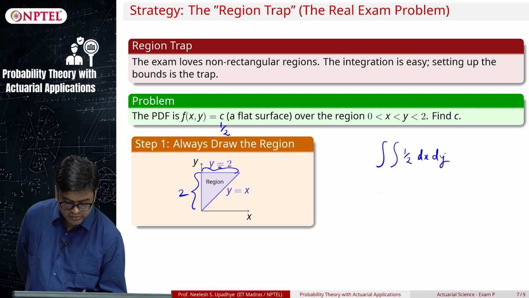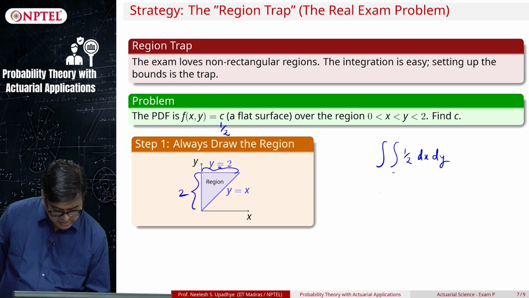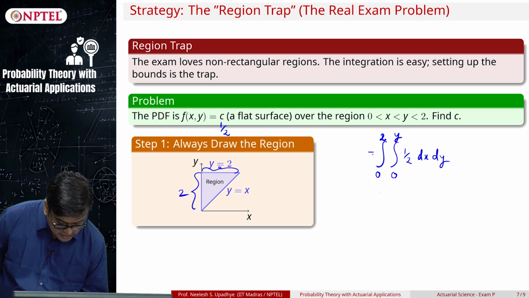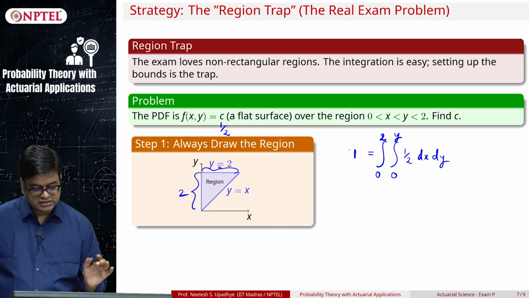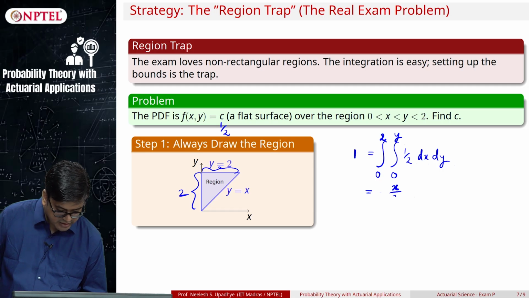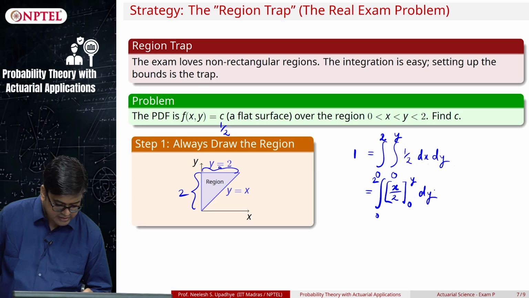I need to be careful because x is trapped between 0 to y and y is from 0 to 2, and I expect the answer to be equal to 1. Let us verify. Okay. So, this is 0 to y. So, naturally if I am integrating with respect to x, this x by 2 will come and it is evaluated from 0 to y. Integral from 0 to 2 dy will remain as it is.